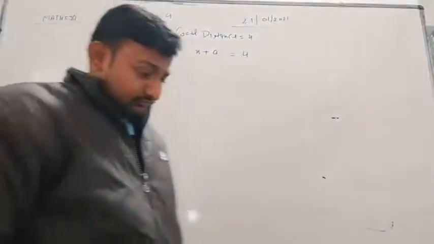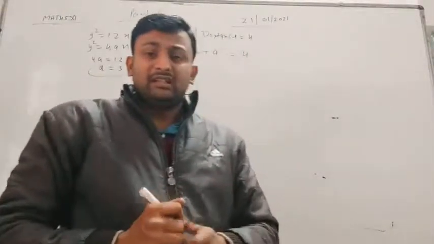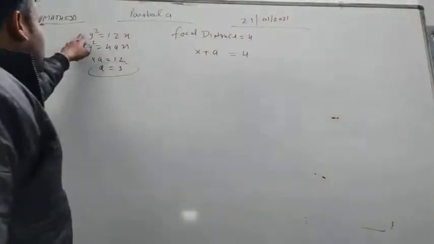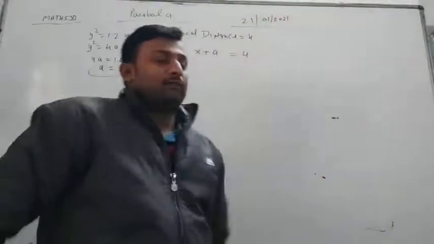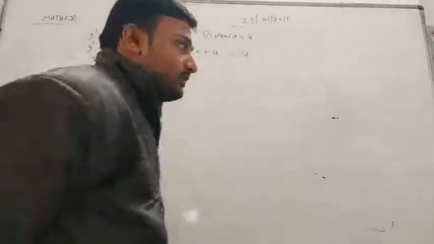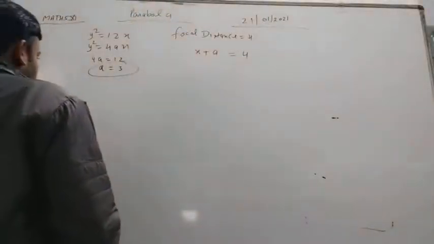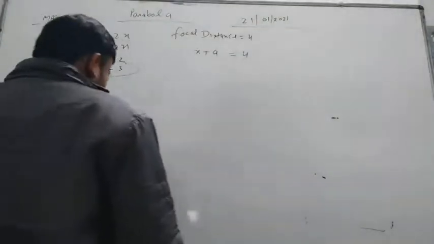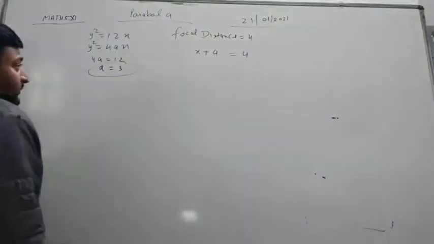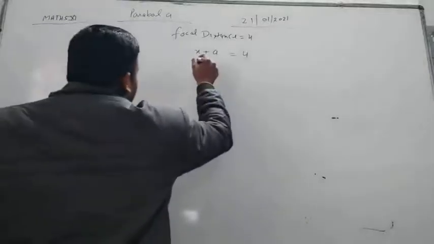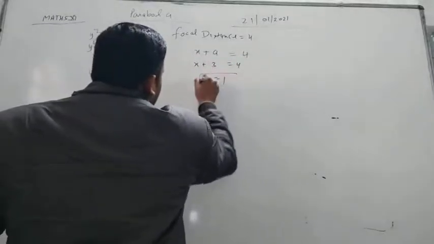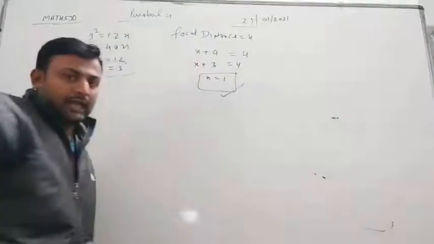So when we compare, we get the value of a is 3, and we know that our focal distance is x plus a, so x plus 3 is equal to 4, so x is equal to 1. This is our abscissa.